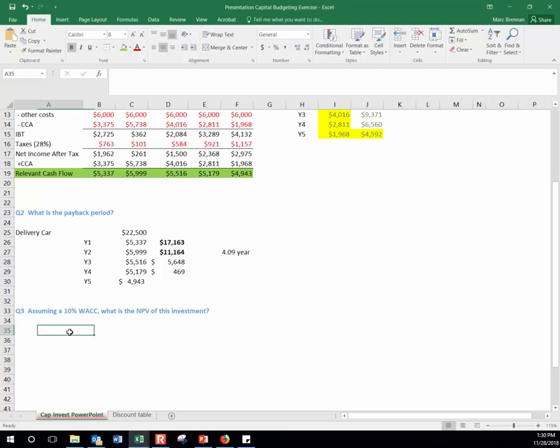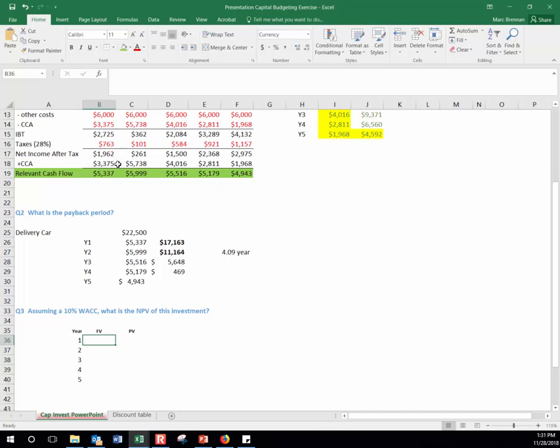So we want to put together a net present value analysis. So, pardon me, I would need to know my years. So 1, 2, 3, 4, 5. Okay. And I have the future value of all of these amounts, but I want to know the present value of all these amounts.